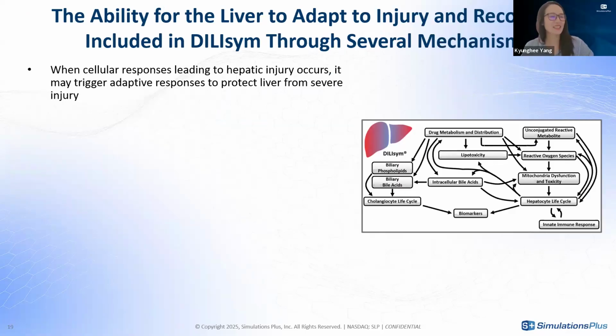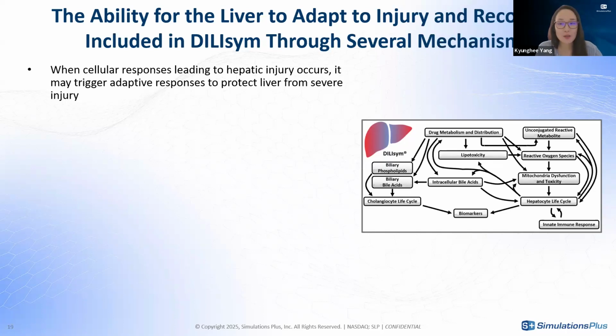Thanks, Jim. Yeah, so in addition to those additional injury mechanisms or updated injury mechanisms, we have expanded or updated our adaptation mechanisms as well. So injury is, again, with the DILIsym via multiple different mechanisms predicts injury, hepatocellular injury, and plus cholestatic injury too.